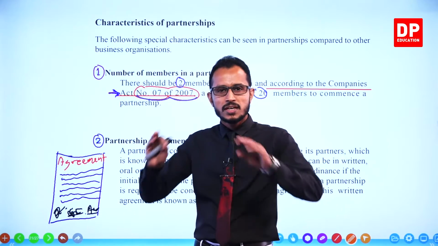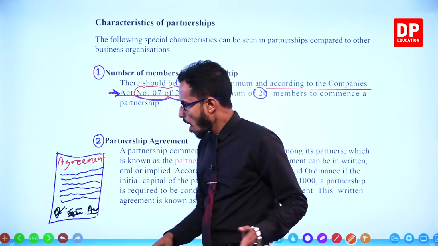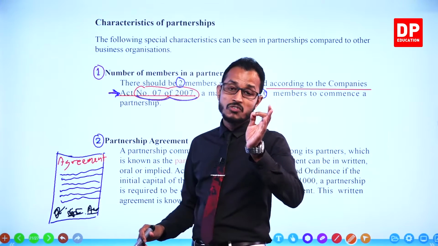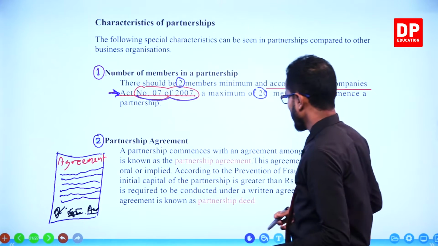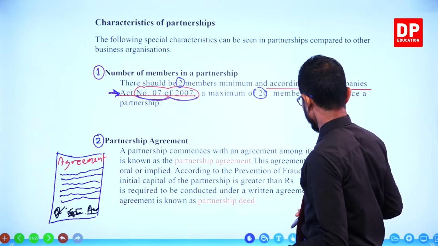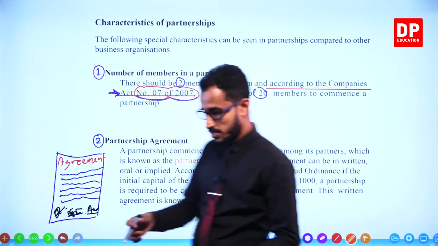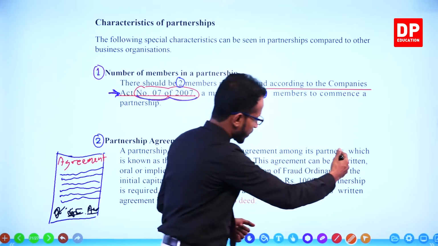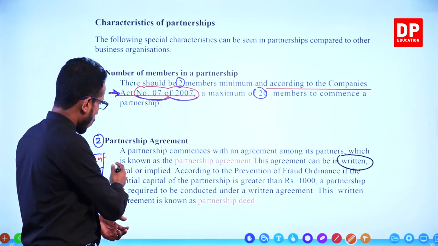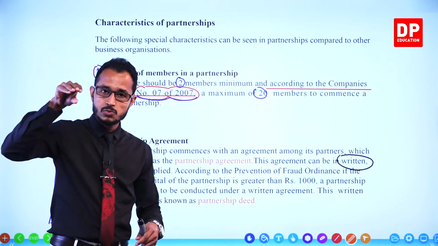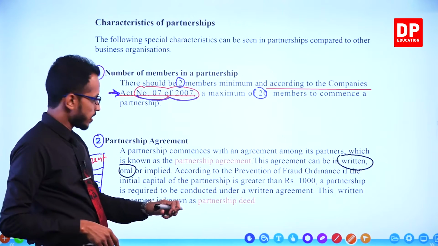It is better, but it's not necessary, not compulsory. Some sort of an agreement must be there. That's compulsory. It can be written, just like it's shown here. It can be oral. Oral means verbal agreement.